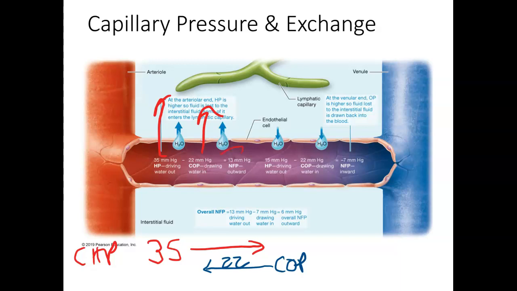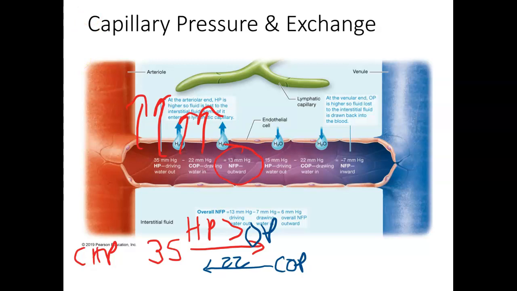If you do the math, you'll see the pressure difference is about 13. So materials, molecules, and water leave at the arterial end. But remember, as I come through, my hydrostatic pressure is going to fall. Anytime my hydrostatic pressure is greater than my osmotic pressure, molecules leave.